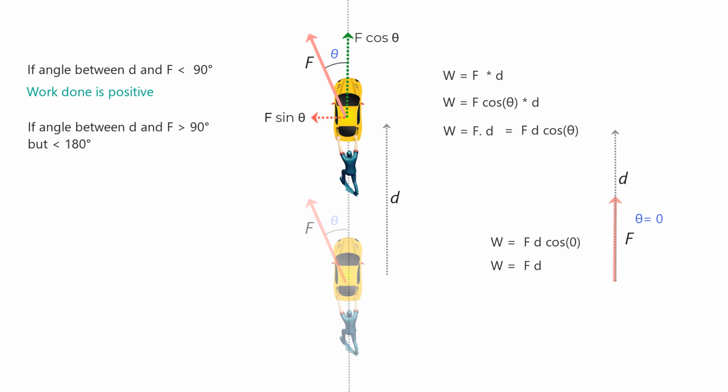But if theta is greater than 90 degrees and up to 180 degrees, the work done becomes negative, because for all angles between 90 and 180 degrees, cos theta will be a negative quantity.